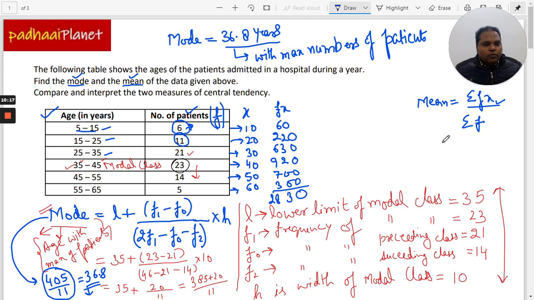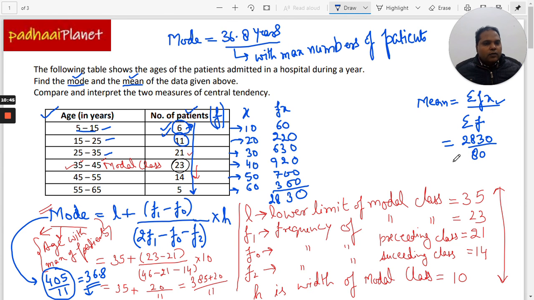So now we can write 2830 divided by sigma f, and sigma f is the sum of all these numbers. If we add up the total frequency, that's 17, 17 plus 21 is 38, 38 plus 23 is 61, then we have 75, and then this is 80.